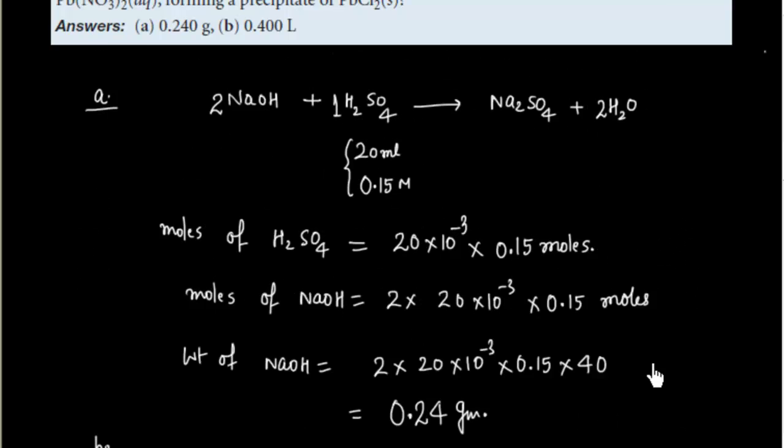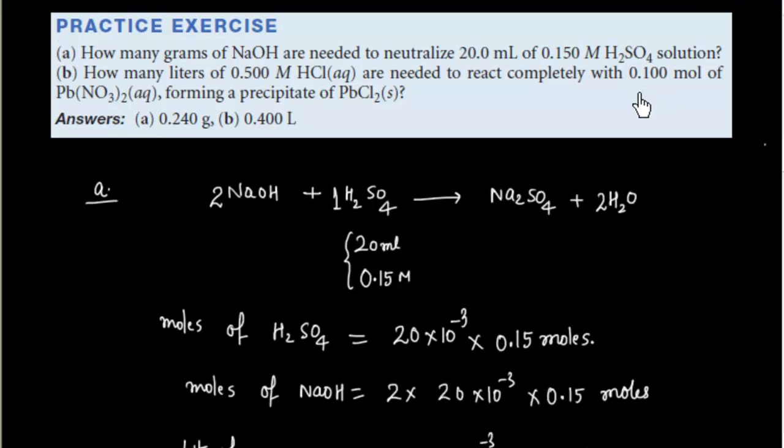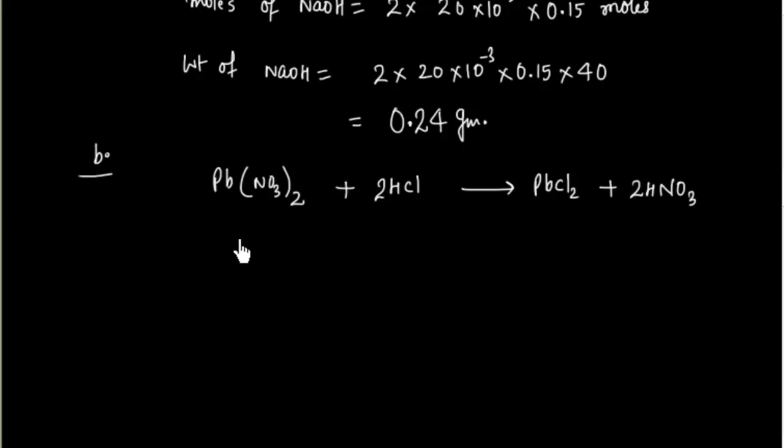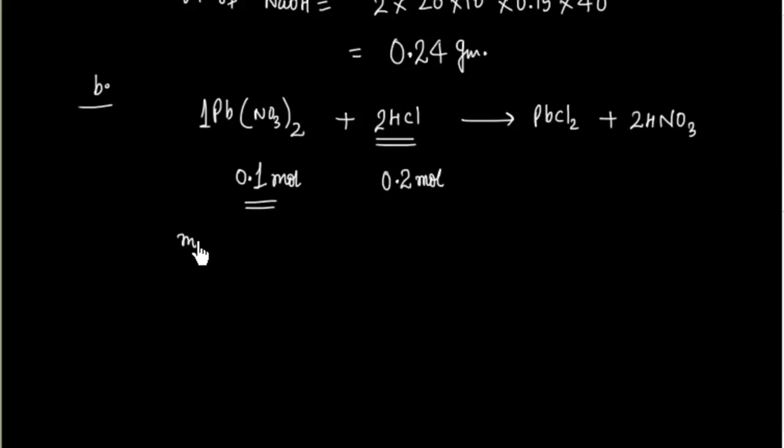Now we have been given 0.1 mole of lead nitrate. From this equation we can say 1 mole of lead nitrate reacts with 2 moles of HCl, so 0.1 mole will react with 0.2 mole of HCl.